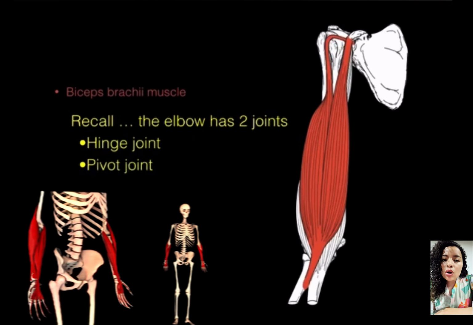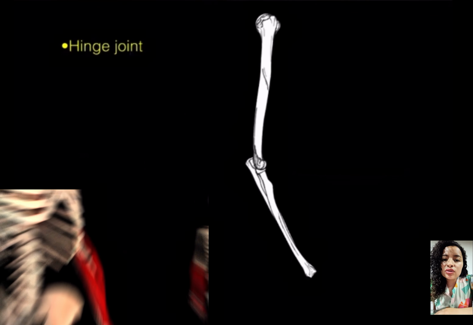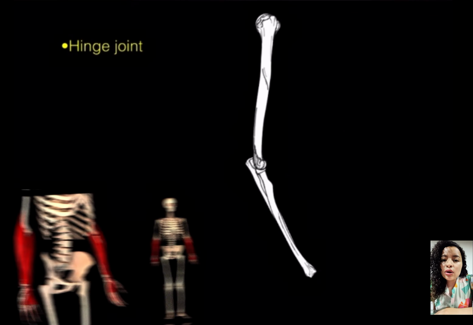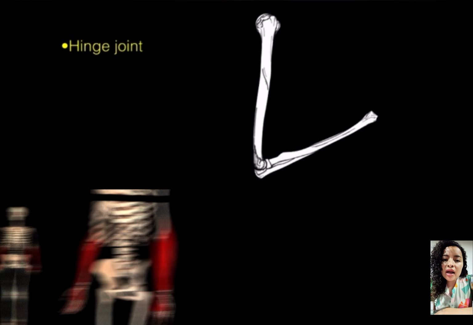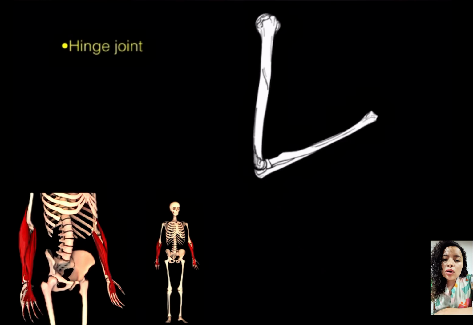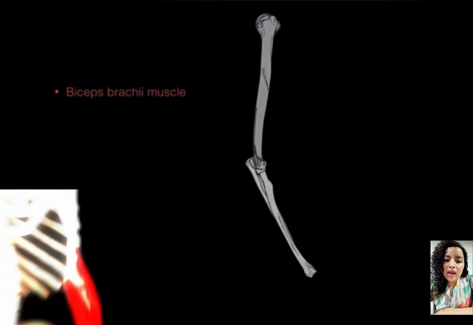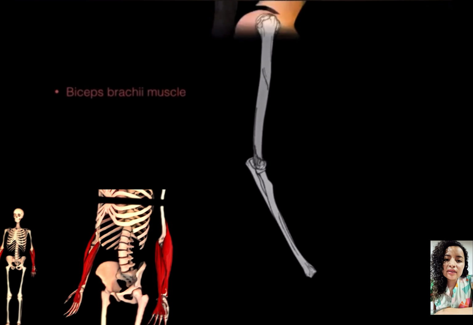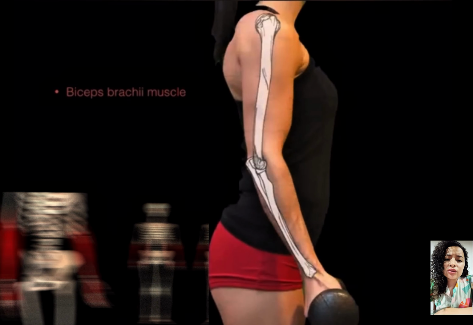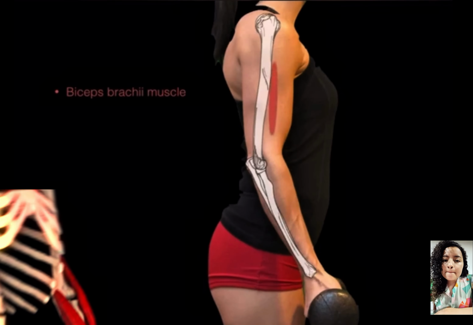The long head has its origin at the supraglenoid tubercle and the glenoid labrum, and the tendon goes over the top of the head of the humerus and then into the intertubercular groove.